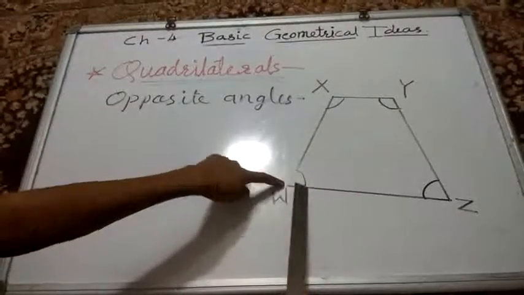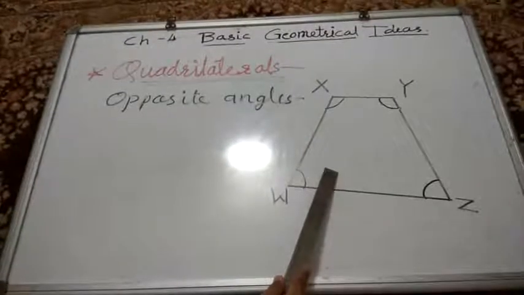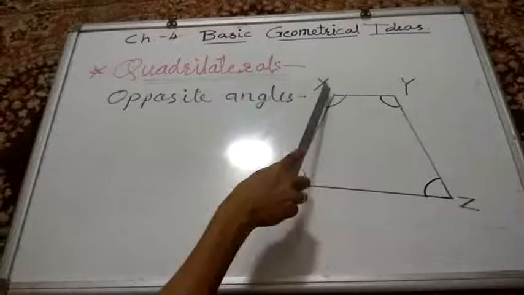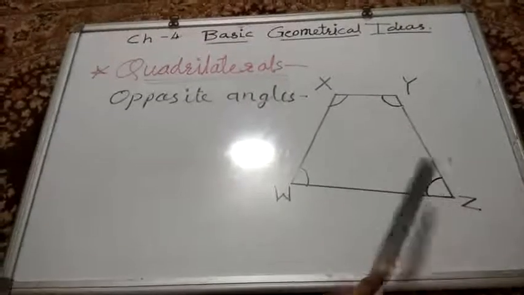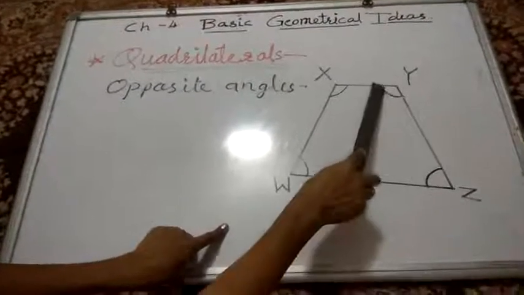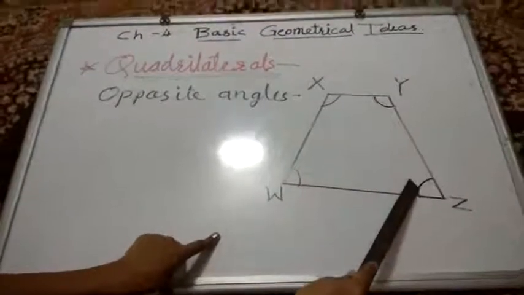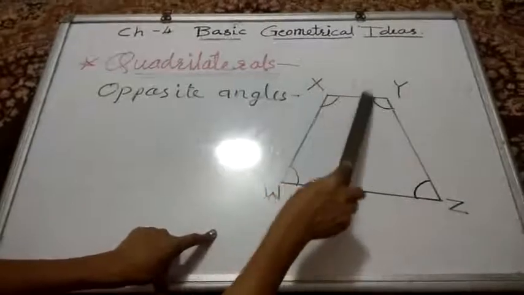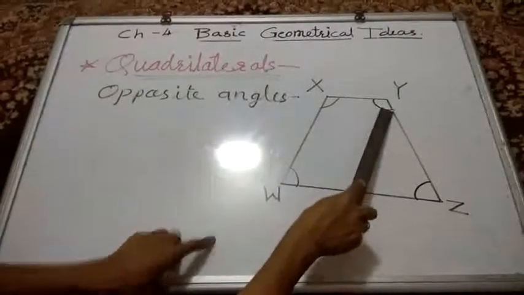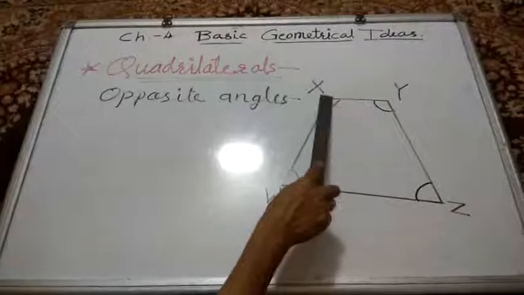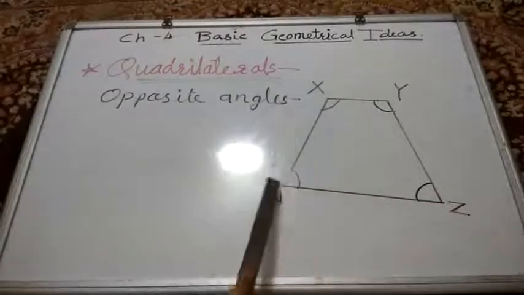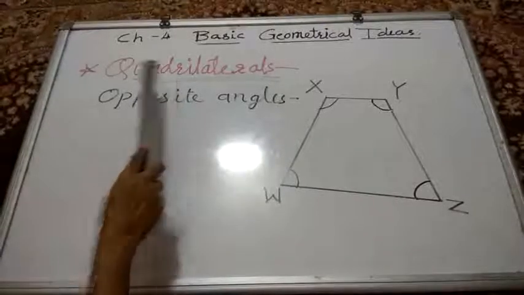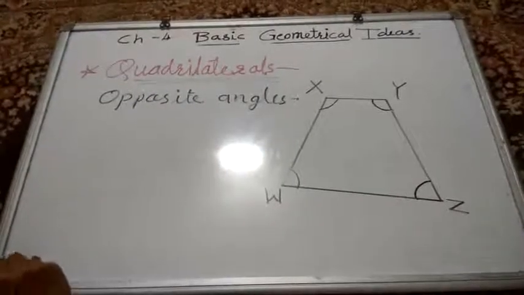Every quadrilateral has four angles. In this quadrilateral, the angles are angle XWZ, angle WZY, angle ZYX, and angle YXW. So in every quadrilateral there are four angles.